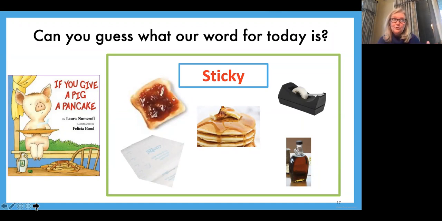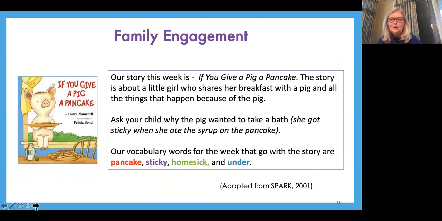And some children were literally trying to sound out what the word was, where other children weren't at that point yet, but they were looking at the pictures. And even the contact paper that they put up there, they had pulled off, where it really was sticky if you touched it. So again, kids were excited about what the vocabulary was and learning that.